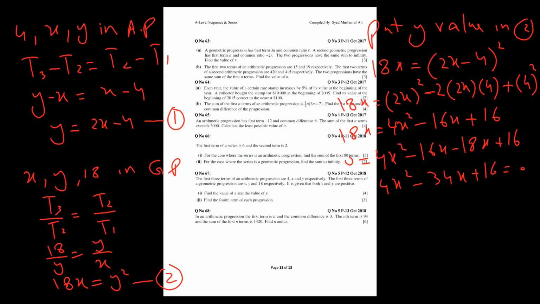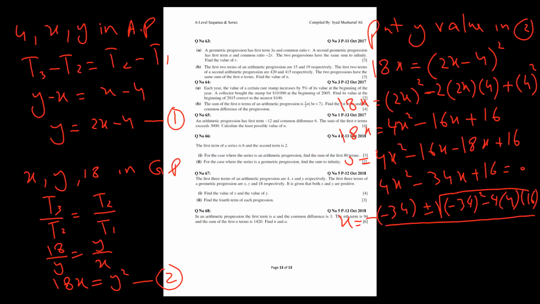Divide by 2, and I can apply the quadratic formula, no problem. When I apply the formula, minus b plus or minus the square root of b squared minus 4ac, divided by 2a. Let's see what the answer comes to.